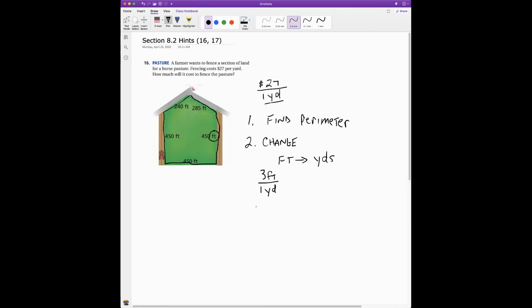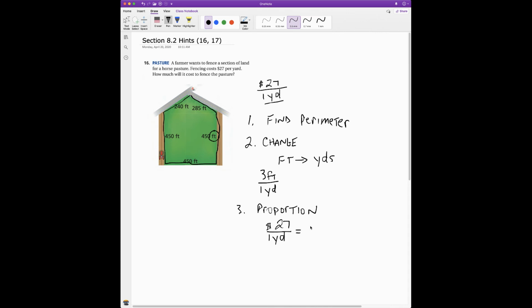section of land, then you take that value, this perimeter, and change it from feet to yards. Okay, and once you do that, then your third step is to make a proportion. And it will look something like, well, it's $27 for every 1 yard of fencing.